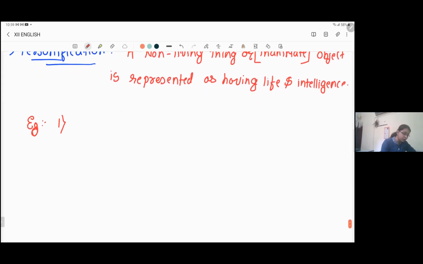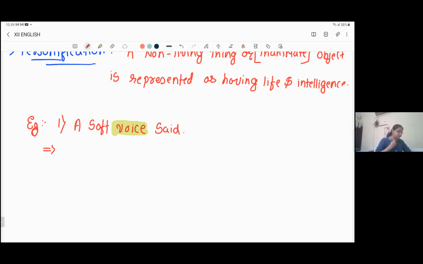First sentence of personification, you all will write: A soft voice said. Here, the word voice is given the human effect.